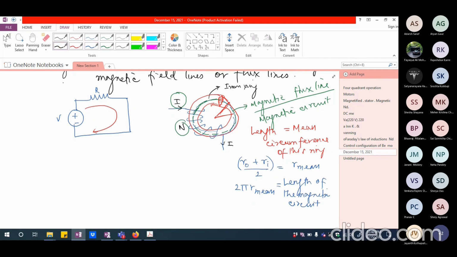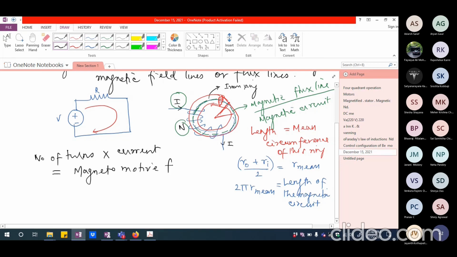In that case, the number of turns through which the current is flowing, multiplied by the current itself, this product is generally known as the magnetomotive force, or MMF. So MMF is going to be the root cause which really sets the magnetic flux in action.